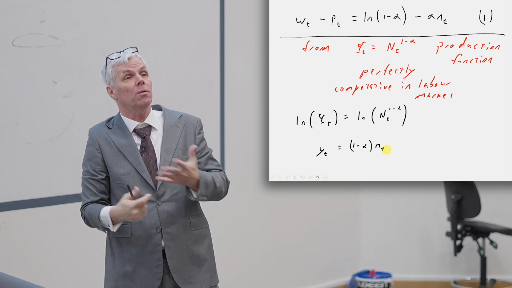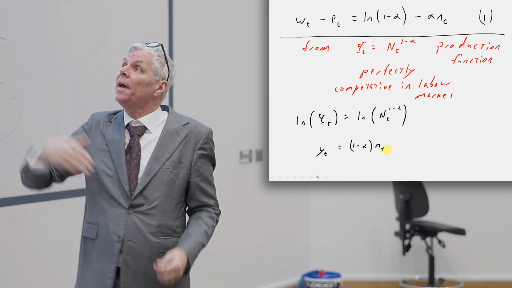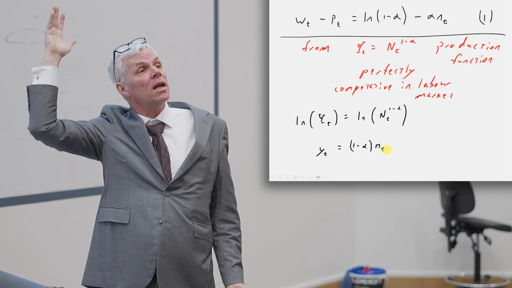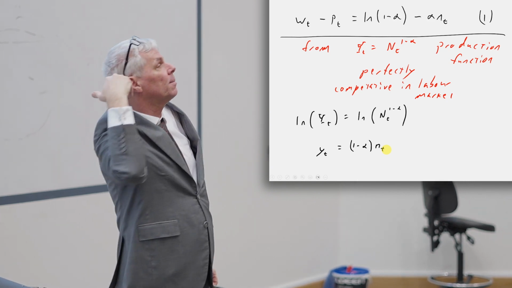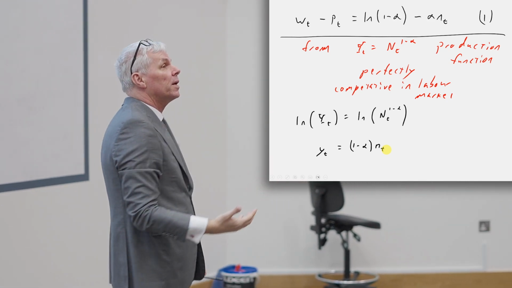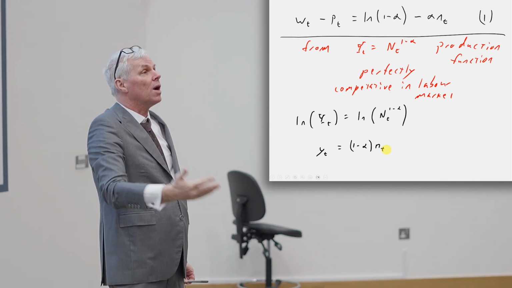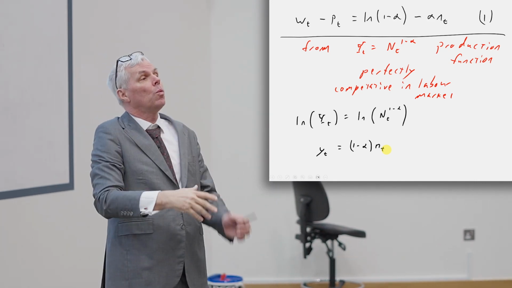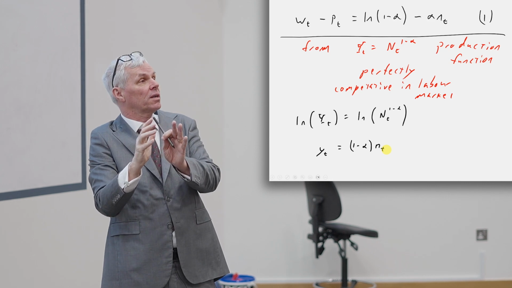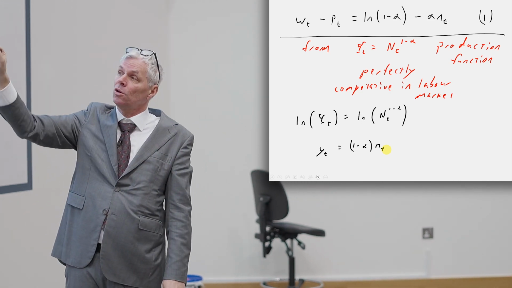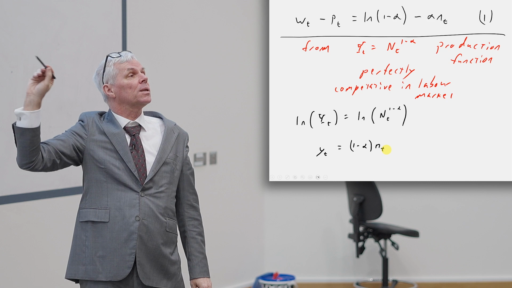We haven't done anything with it. We've just written it in a different way. And the other one, the top one, has a lot of assumptions in it. Right? That has assumptions about this perfectly competitive labor market, each firm maximizing profit, hiring workers up to the point where their real wage is equal to the marginal product of labor. Okay? So lots of assumptions in one. This other one is just a production function.